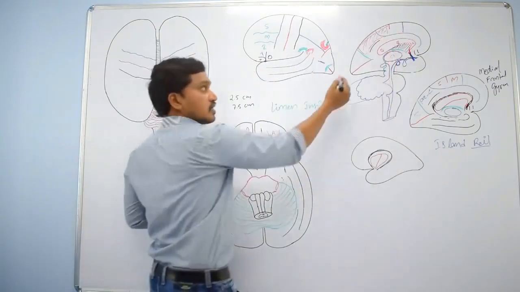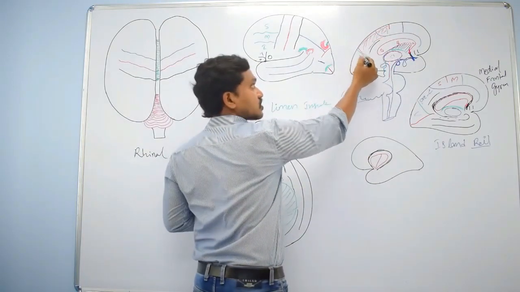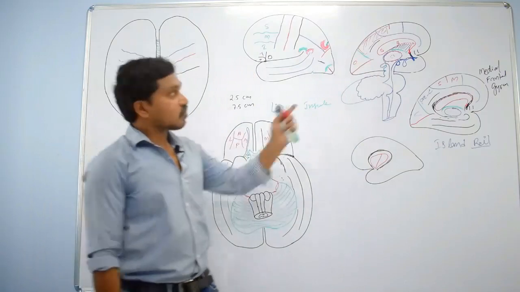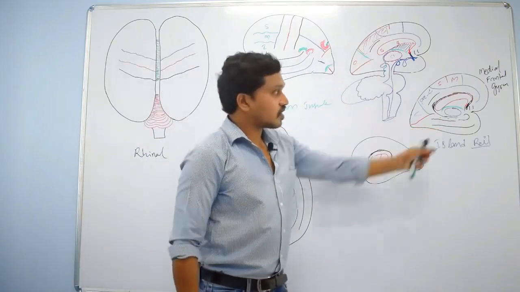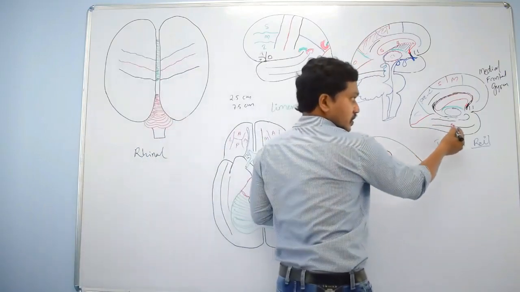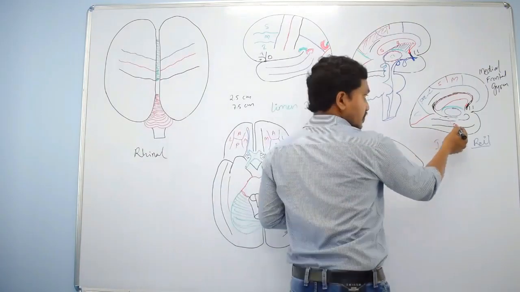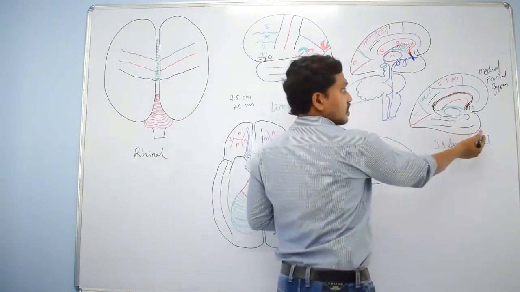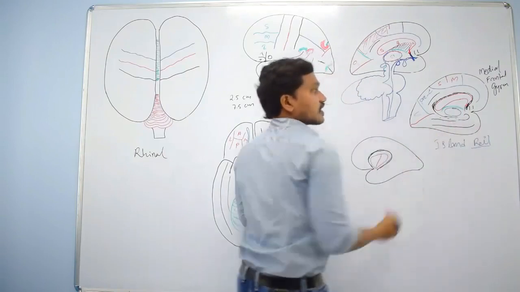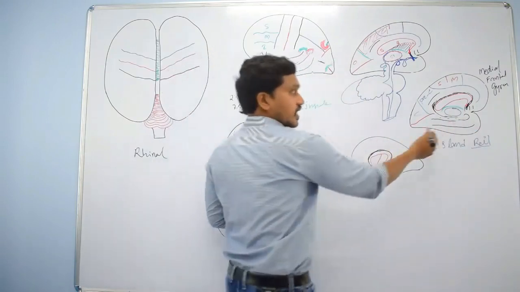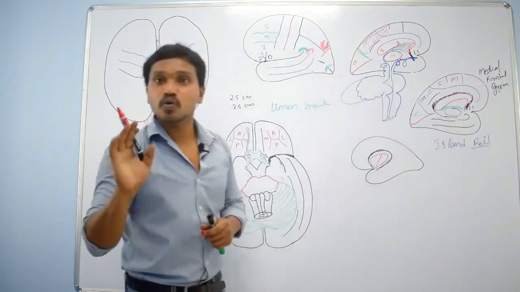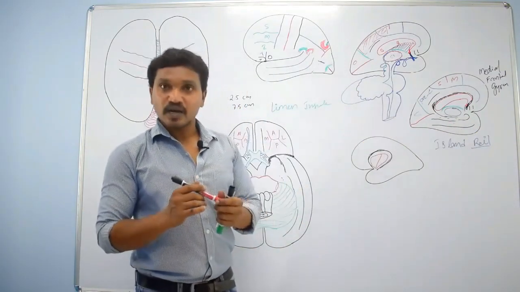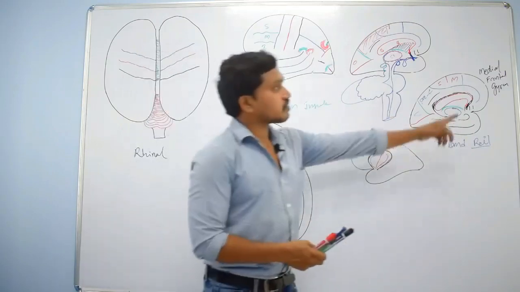Then behind the parieto-occipital sulcus, this is occipital. And what about temporal? The medial and lateral temporo-occipital gyrus only belong to temporal. And what happened to the remaining part?